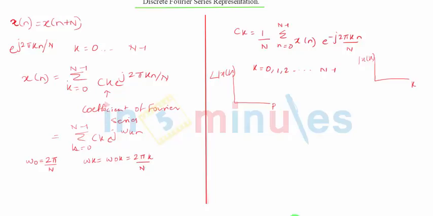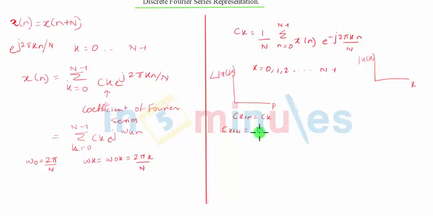Now we are going to see an important property, that discrete time harmonics are not always periodic in frequency. So let us see that c of k plus N is equal to c of k, as the coefficients are periodic in nature. So let us see what c of k plus N represents.